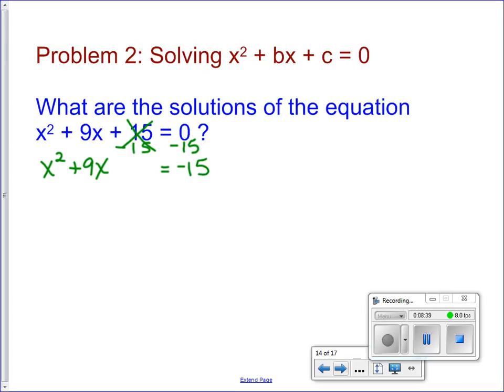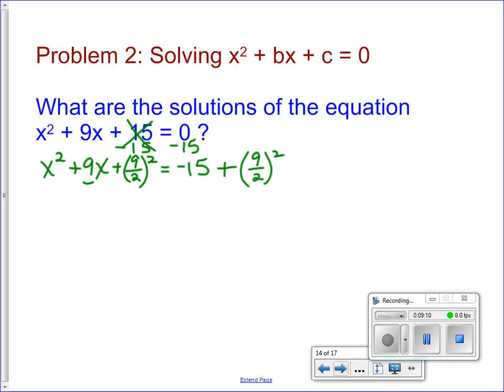Now, this is as bad as they get in using completing the square, because b is not an even number. And yet we still want to take that b, divide it by 2, and square it. And if I add that on to the left-hand side, in order to keep my equation equal, I have to also add that on to the right-hand side.